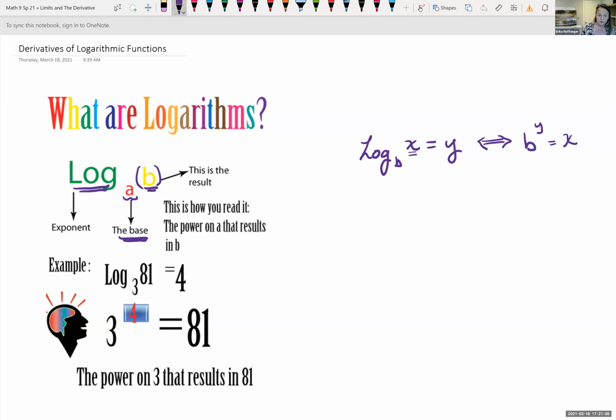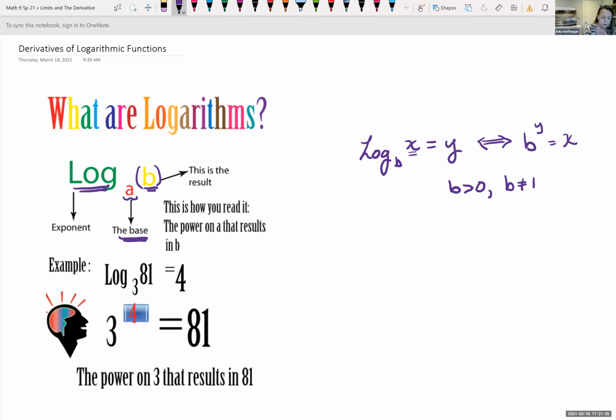We have a few stipulations here because our base always has to be greater than 0. It has to be a positive number. If it were negative, when you raise it to different powers, it would bounce back and forth between positive and negative, and that's not an exponential function. So b has to be greater than 0, and b can't be 1.